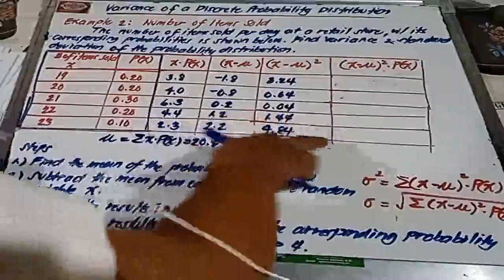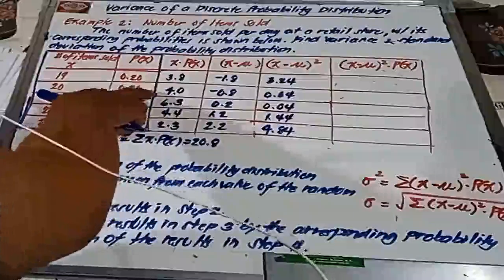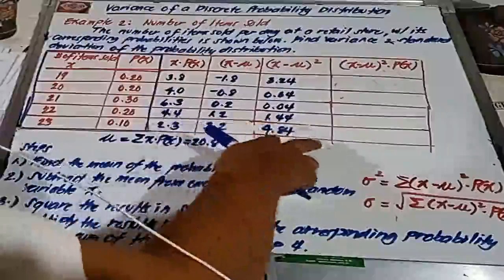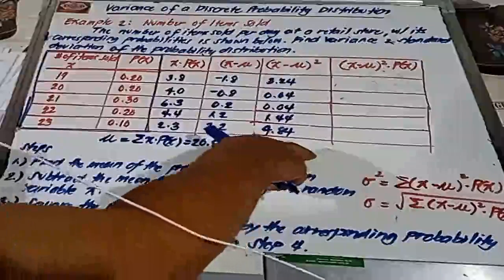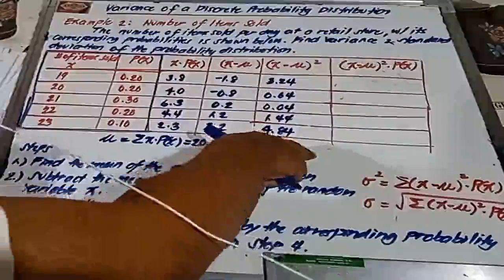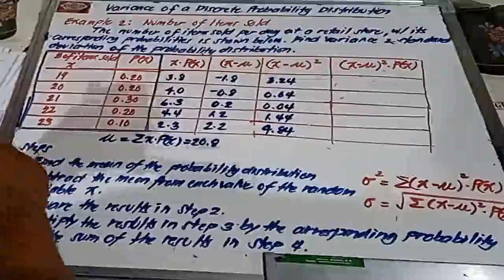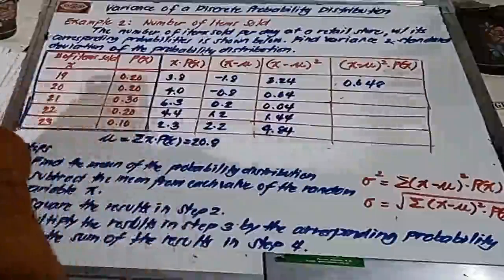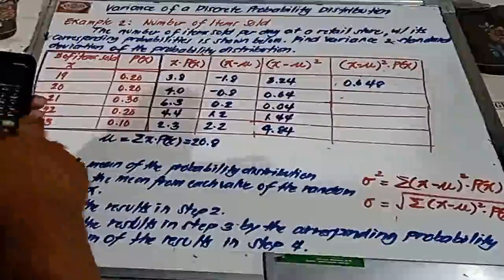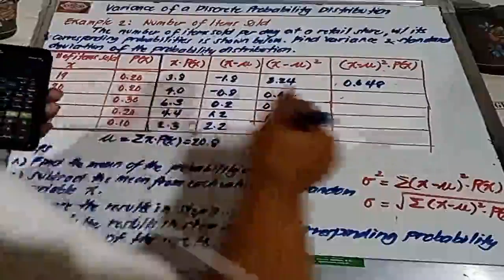Okay. Then this column, multiply natin yung probability of the random variable x and square of the difference of the random variable x and the mean. So 0.2 times 3.24, we have 0.648. 0.2 times 0.64, that is 0.128.